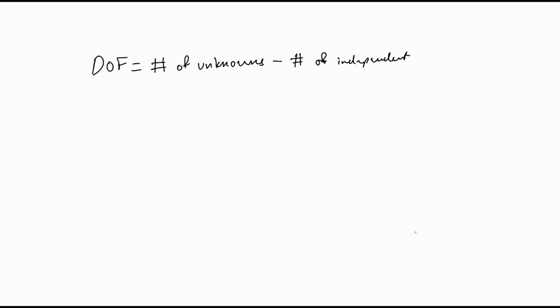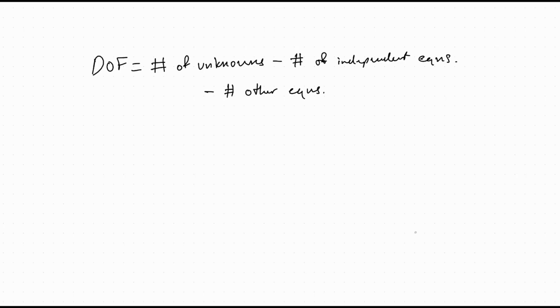The degrees of freedom is equal to the number of unknowns in the problem minus the number of independent equations, and we'll get into a second about what independent means, minus the number of other equations. So basically, like in the above example, it's the number of variables you have minus the number of equations. You want those to be the same.